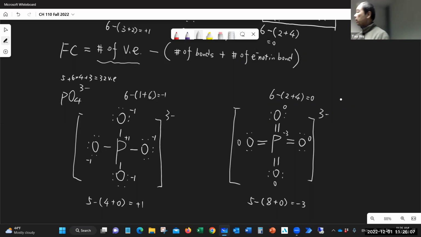So let's take out our study guide. There's a question on the last page. Turn to the last page, page 21. The first question, number 6, gives you two formulas, and you try to figure out which one is the best Lewis structure for the compound.